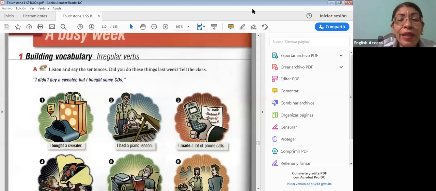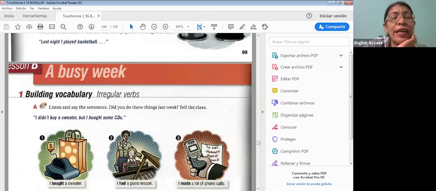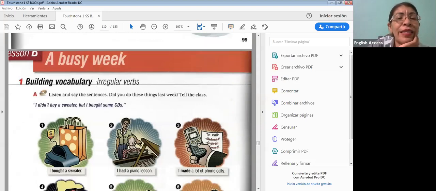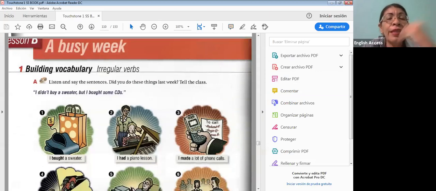Excellent. Well, in this lesson, lesson B, we're going to continue using verbs in simple past, but if you pay attention, here it says irregular verbs. Yesterday we learned regular verbs. Today, we're going to practice with irregular verbs. Exercise 1A says, listen and say the sentences.